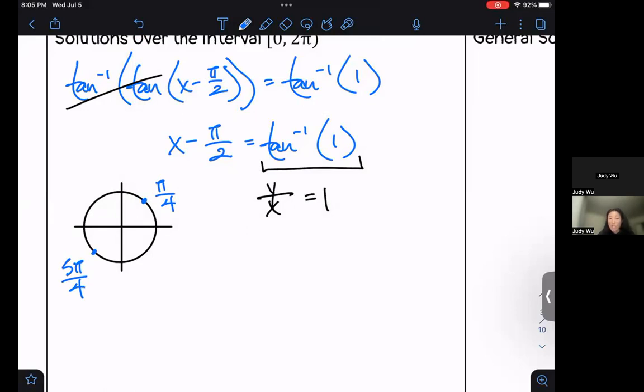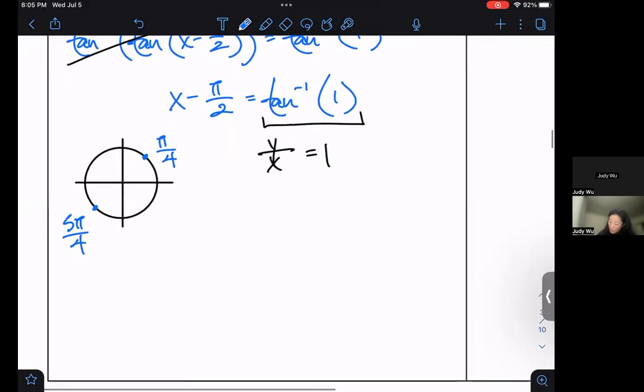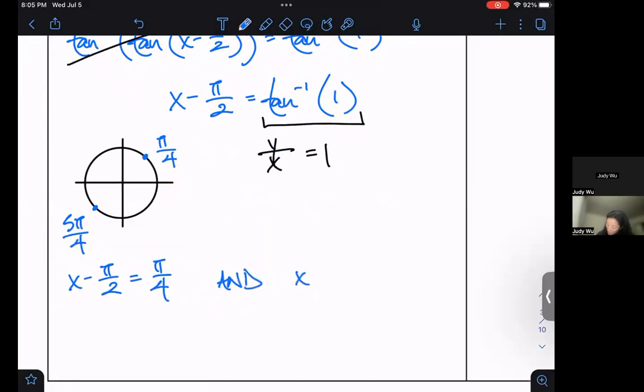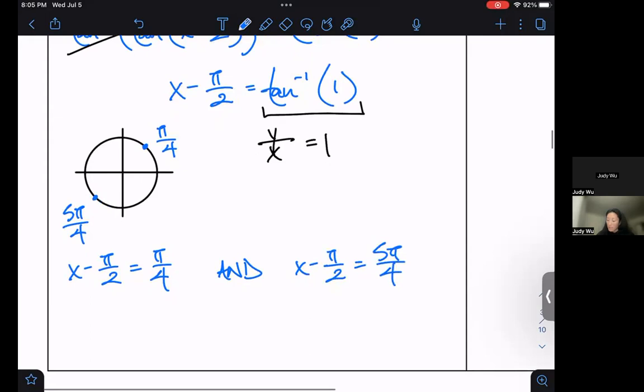That doesn't mean we're done quite yet, though, okay? What that means is that x minus pi over 2 equals pi over 4, right? And I'm actually going to move this down here. And x minus pi over 2 equals 5 pi over 4, right?